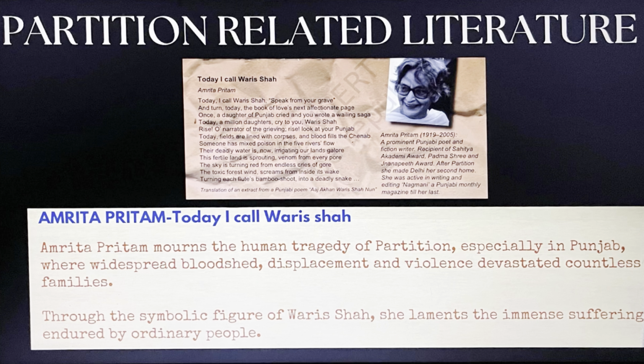Because Waris Shah is a dead person who is being asked to wake up from his sleep, in order to see what he had left Punjab with, a beautiful Punjab, and what kind of condition Punjab has got itself into now.